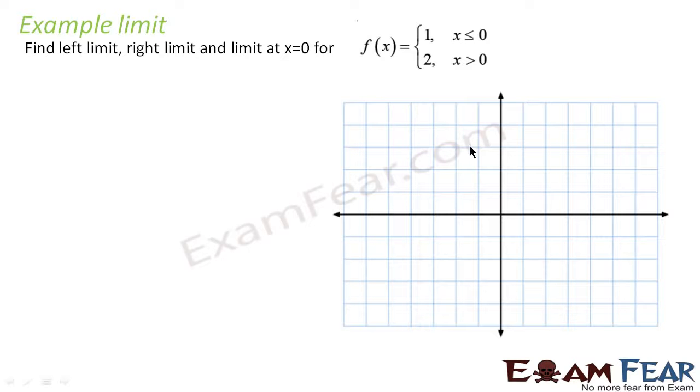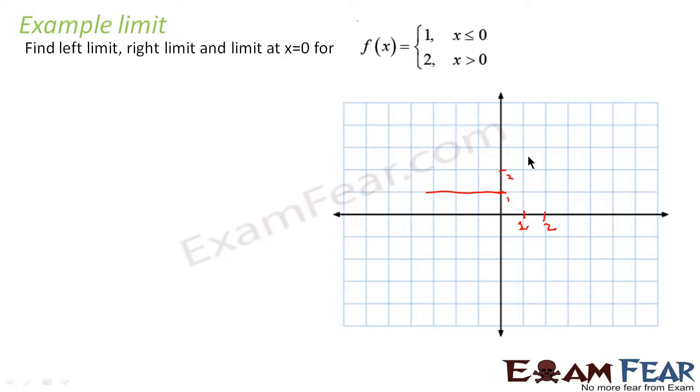So let's suppose this is 0. This is 1, this is 2, this is 0. So for x equal to 0 and less than 0, y is equal to 1 always. So this is from here to here.